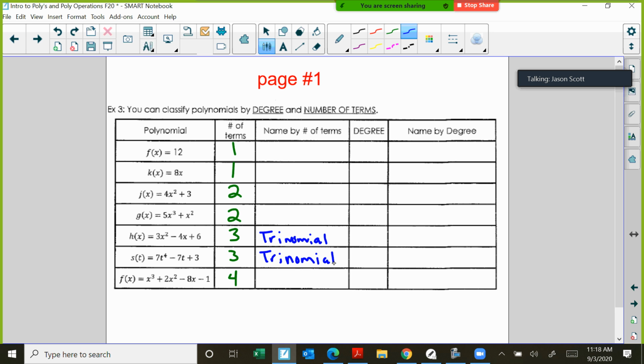I think you were struggling a little bit with the 2-term polynomial, but that's just a binomial, and I'm positive you guys have heard that before. And I think you could probably even tell me that these first ones are monomials.